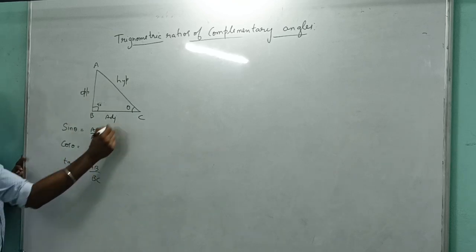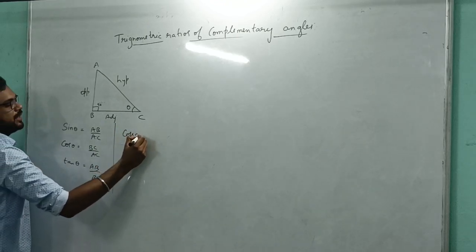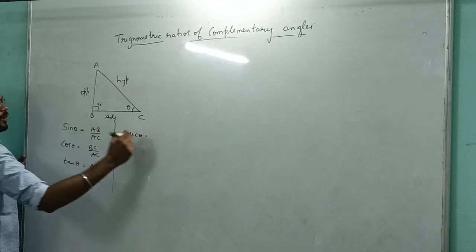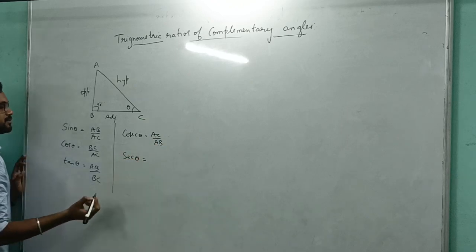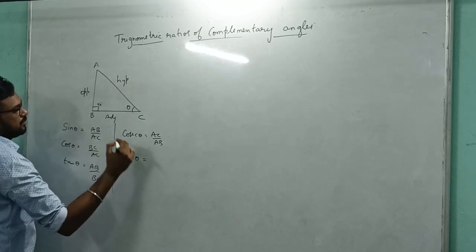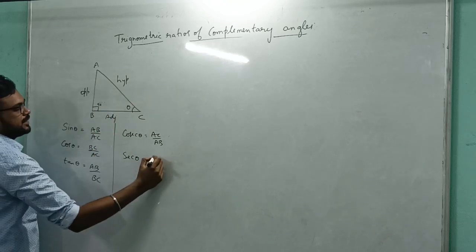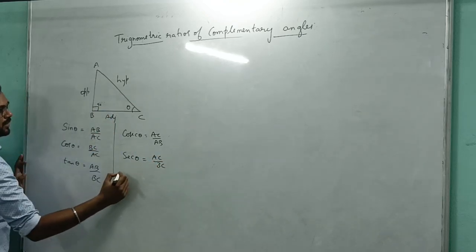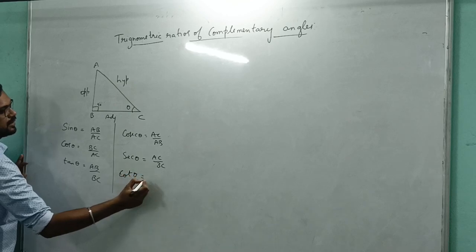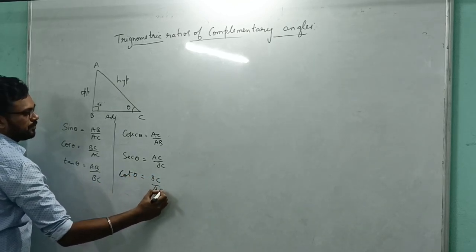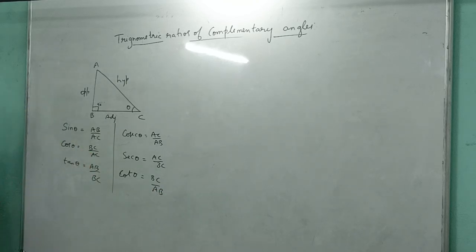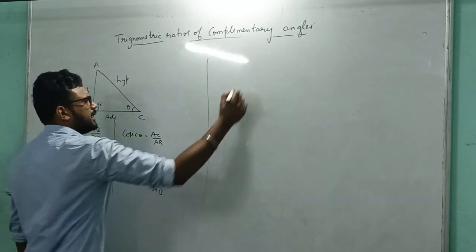Then cosecant theta will be hypotenuse by opposite, AC by AB. Secant theta will be hypotenuse by adjacent, that is AC by BC. Cot theta will be adjacent by opposite, BC by AB. Everyone knows this, correct?